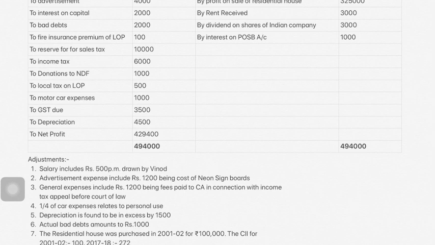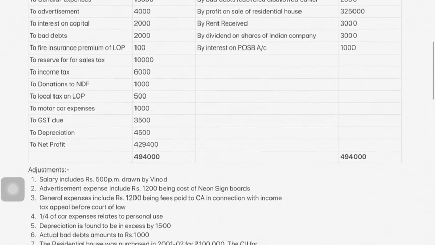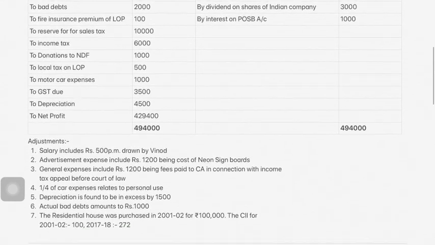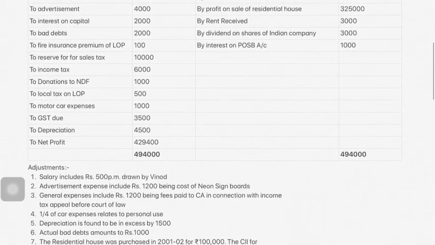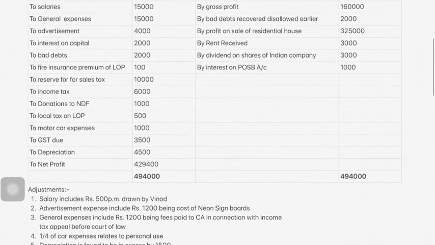Next, the residential house was purchased in 2001-2 for rupees 1 lakh. The CII for 2001-2 is 100, and for 2017-18 it is 272. This is so that you can calculate long-term capital gain on the residential house which was sold.